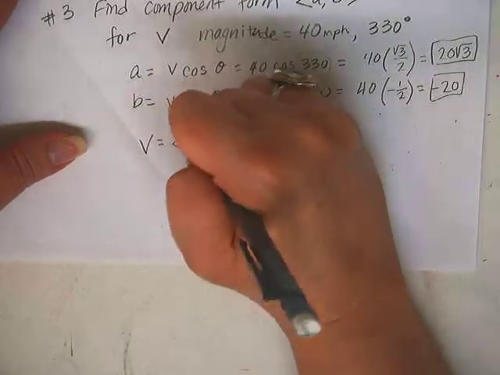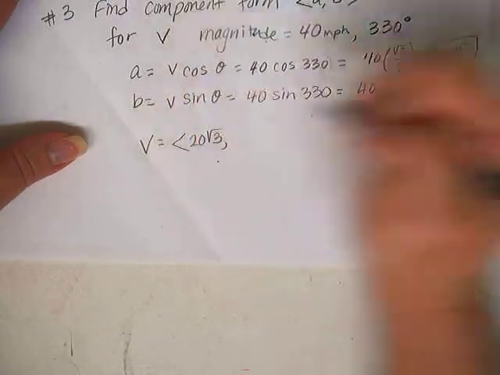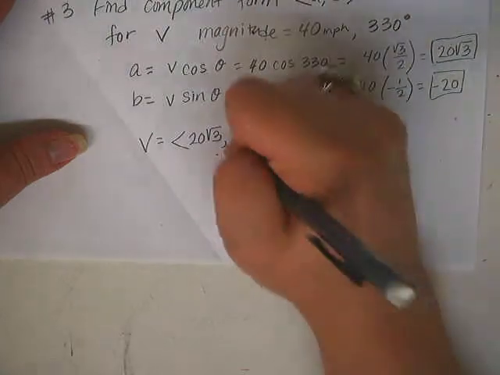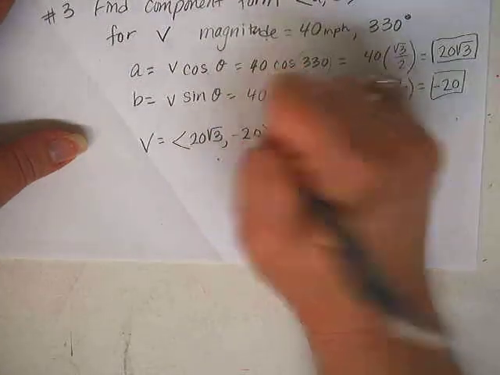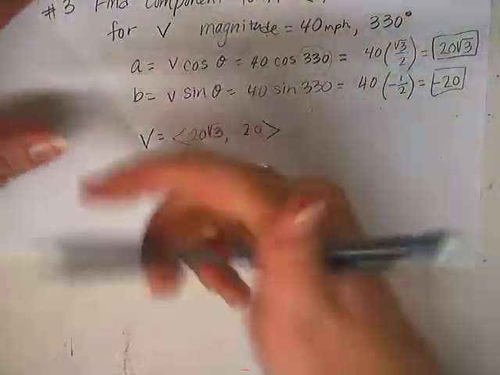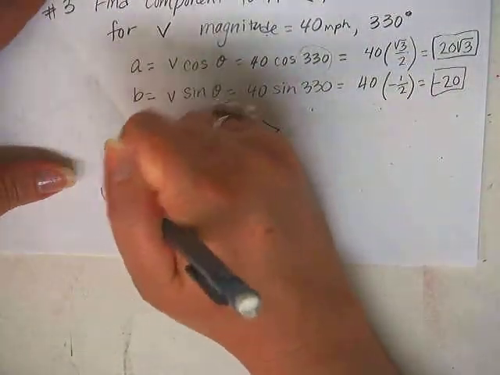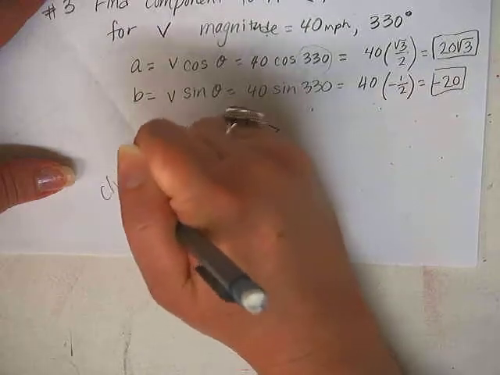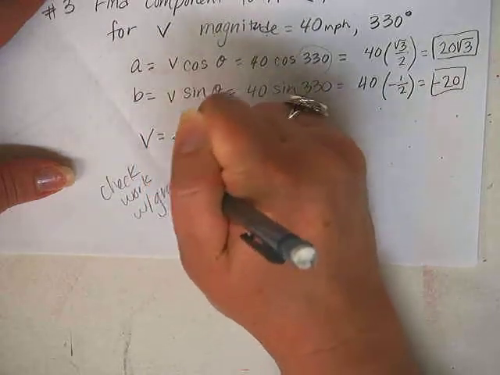Okay, so now let's actually write the component form of our vector. Vector V, I know we're using V too much, they can be named other things. Vector V is what? 20 square root 3 for the x value, the A value, and negative 20 for the B value.